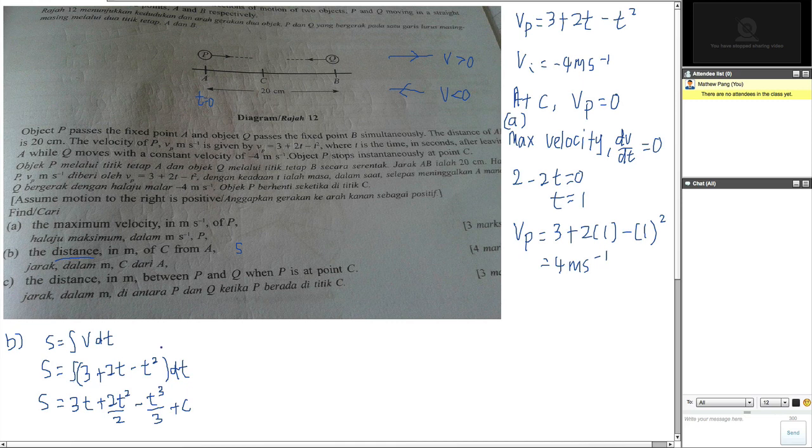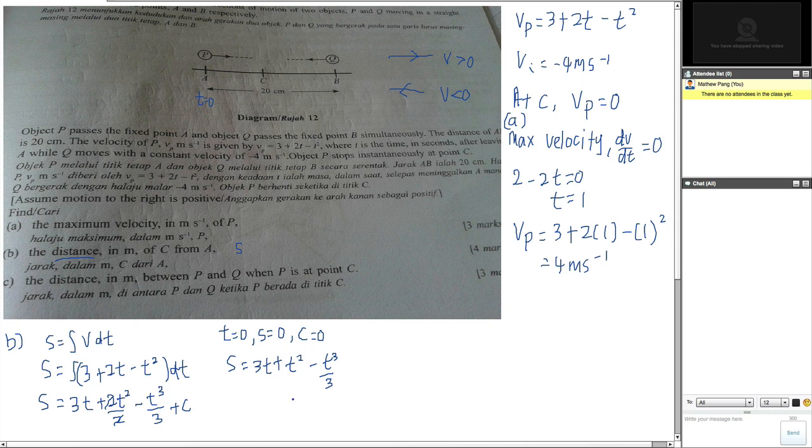When t equals 0, the displacement equals 0. So we substitute 0 into S and 0 into t, and we get c equals 0. So the equation for S is 3t plus t squared minus t cubed over 3, because c equals 0.